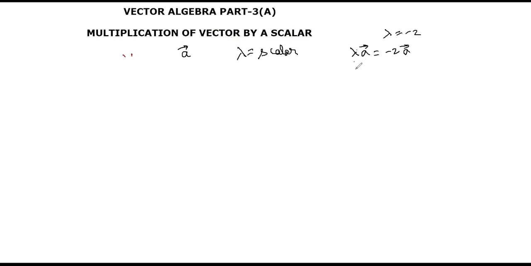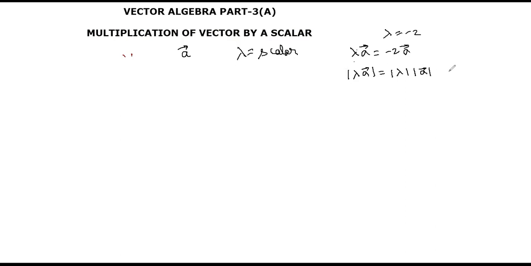For writing the magnitude also, you can write the magnitude of lambda A, or you can write their magnitudes separately, because they are scalar quantities. Scalar lambda is a scalar, and the magnitude of this vector is also a scalar quantity.